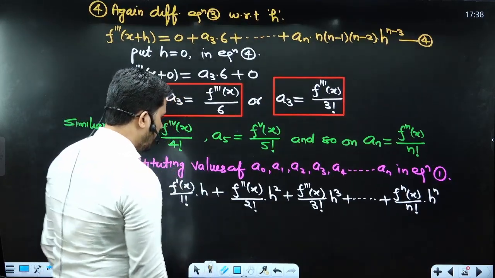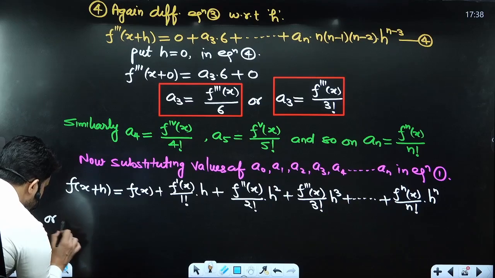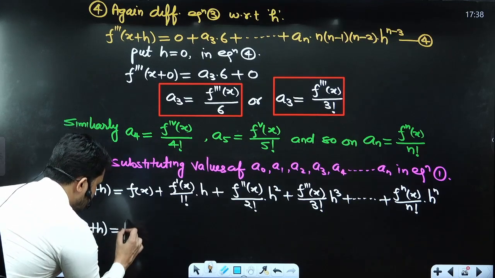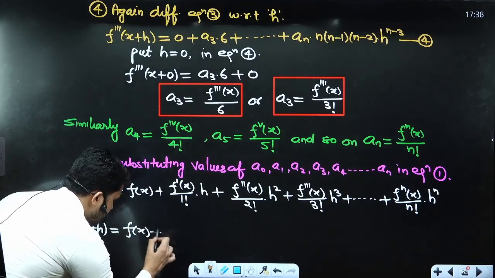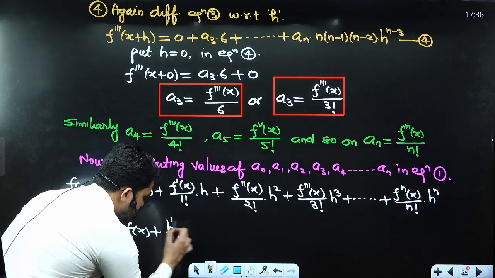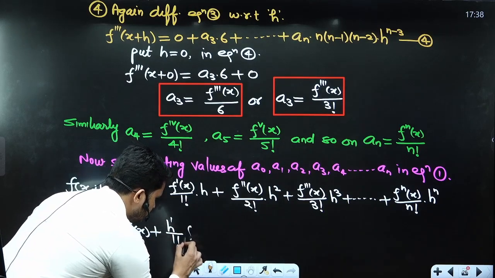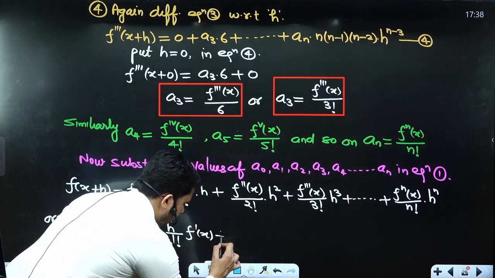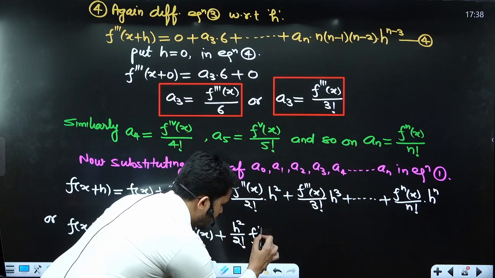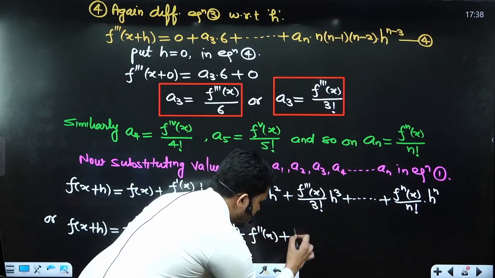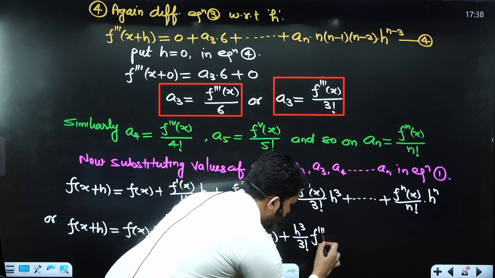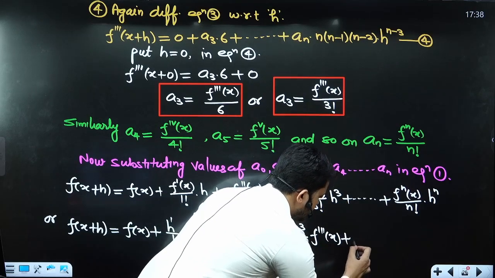ठीक है, और can you write it in this way, f of x plus h is equal to fx plus h upon 1 factorial, you can say h to the power 1 upon 1 factorial into f dash x or h square upon 2 factorial into f double dash x plus h cube upon 3 factorial into f triple dash x, right?